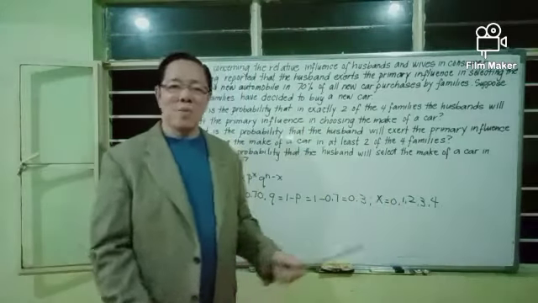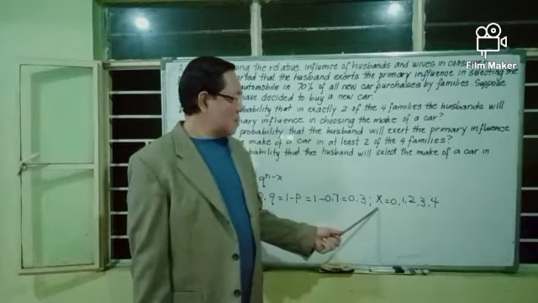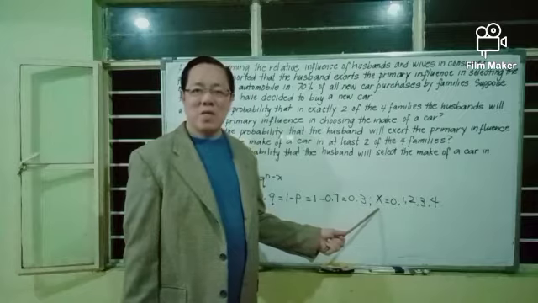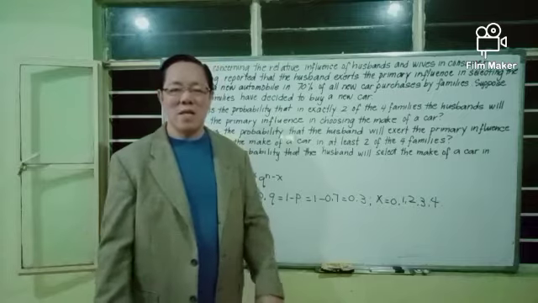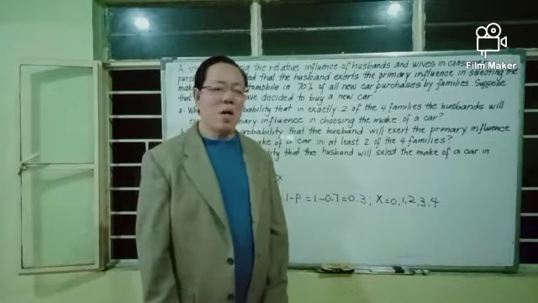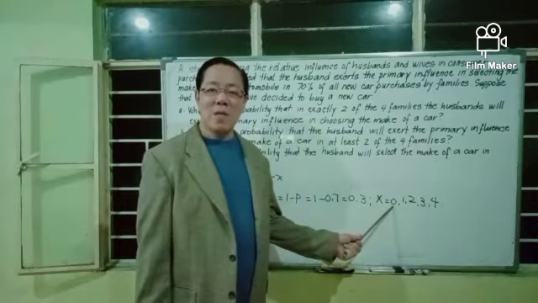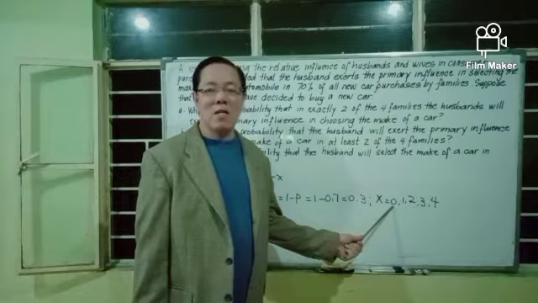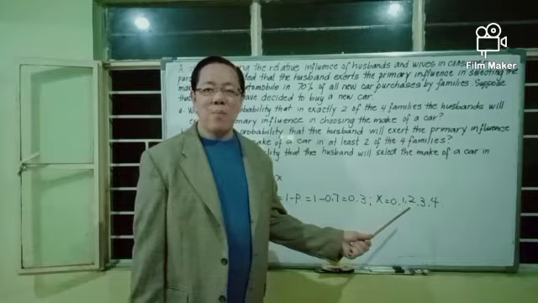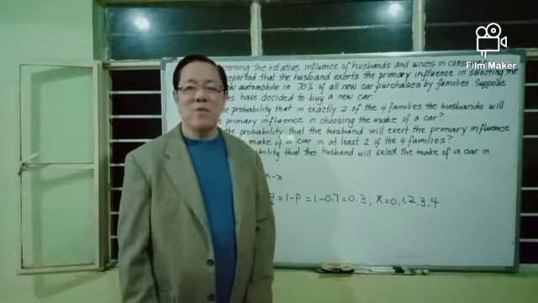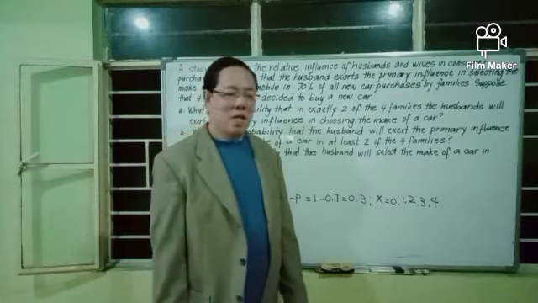The possible values of the random variable X, the number of husbands who will decide on the make or brand of new car to purchase, is 0 to 4, because there are 4 families who have decided to buy a brand new car. So X equal to 0 means that none of the husbands from the 4 families will decide on the make or brand of the new car. If X is 1, that means only one husband from the 4 families will decide on the make or brand of new car to purchase.